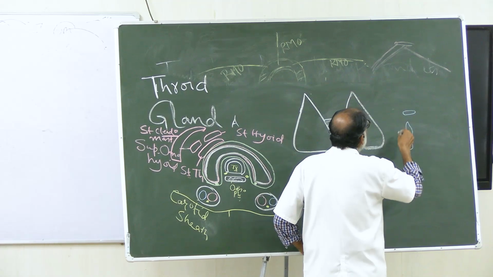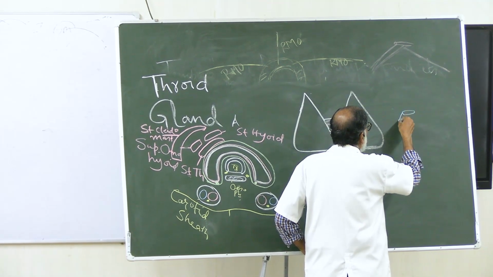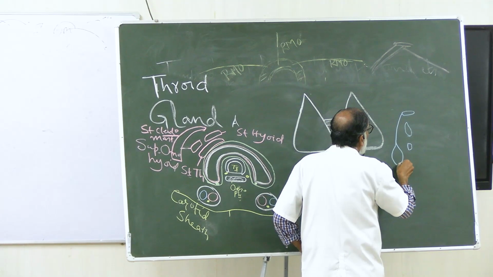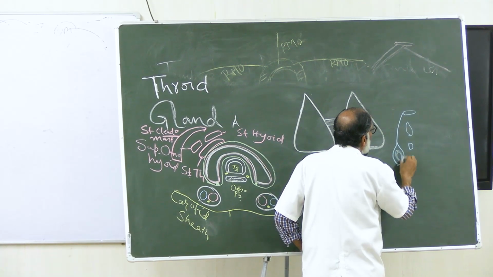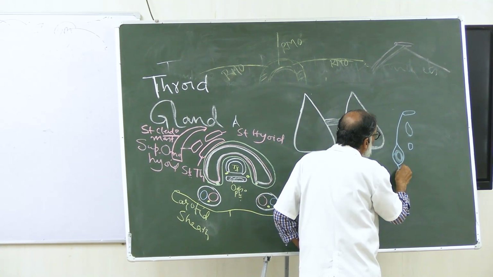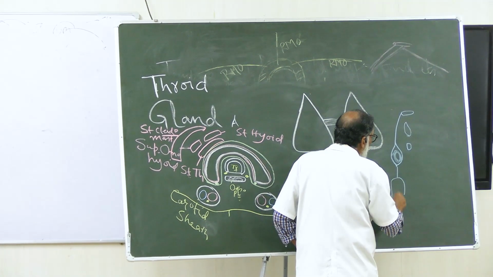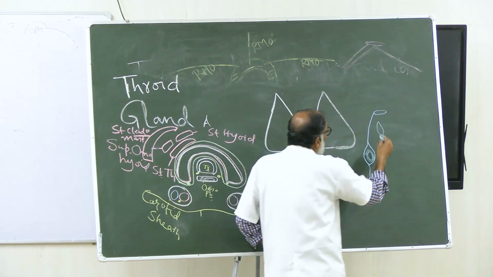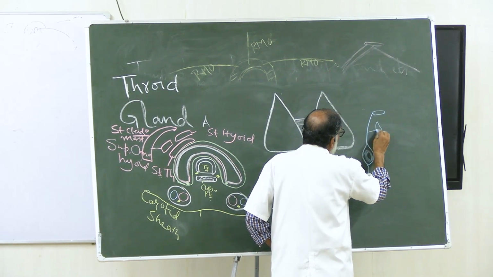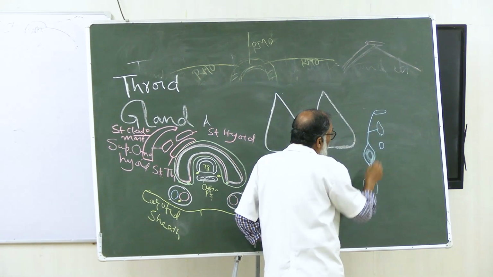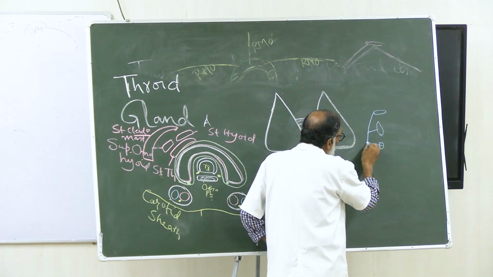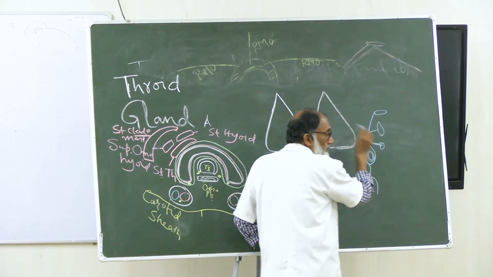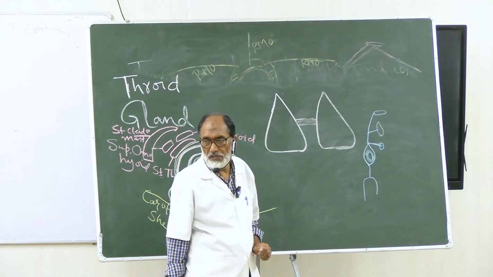Now this pretracheal layer, here lies the thyroid gland, and this part is continuous with the fibrous pericardium. Now this pretracheal layer is attached to the oblique line of the thyroid cartilage. It is attached to the cricoid cartilage. This attachment is known as ligament of Berry.